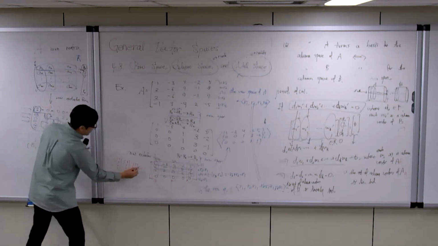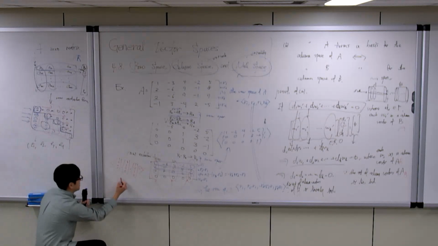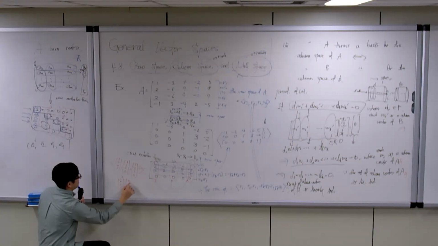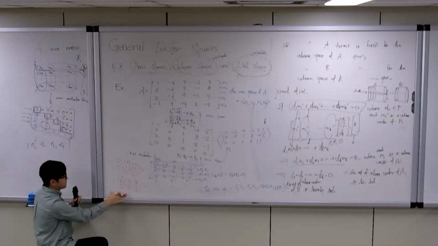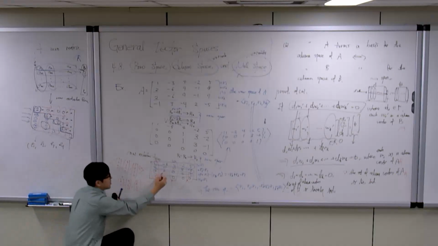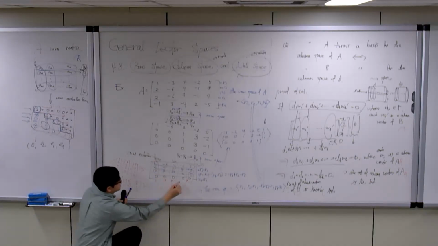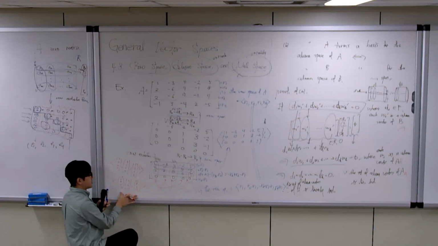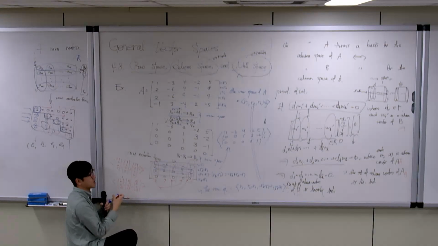Similarly, it's 1 0 0 0, 0 1 0 0, 0 0 1 0, and if you see another column vector, it will be expressed from this elementary row element standard basis.